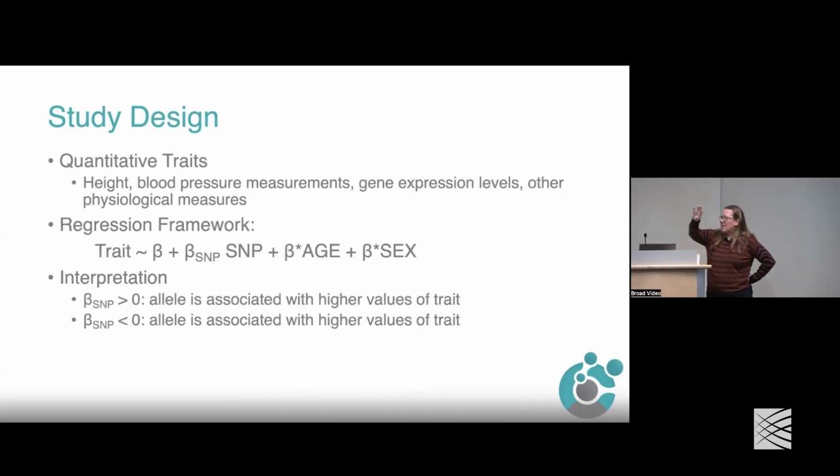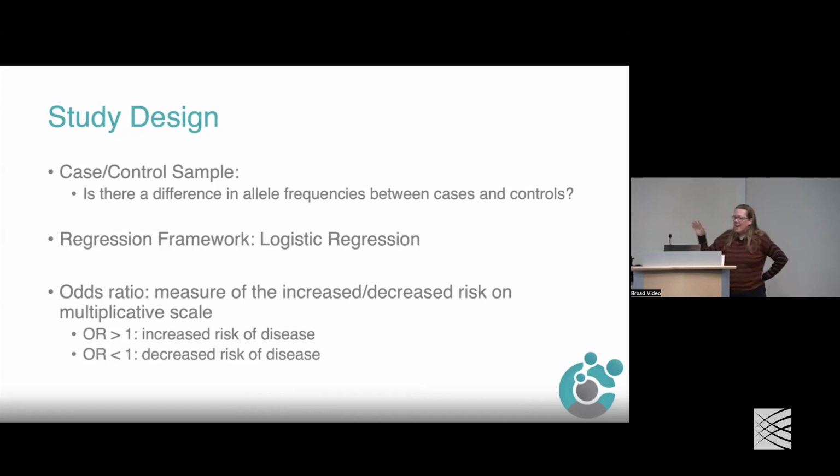The way this whole formula works out, when you want to get to a measure of risk in the case of a binary outcome, you take the regression coefficient for the SNP, the beta, and e to that beta equals an odds ratio, just mathematically.